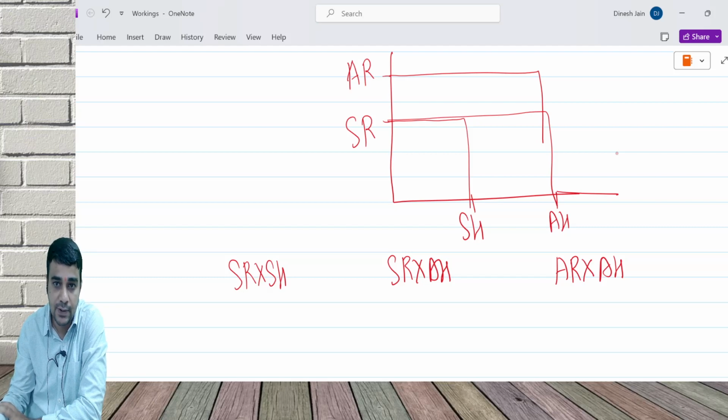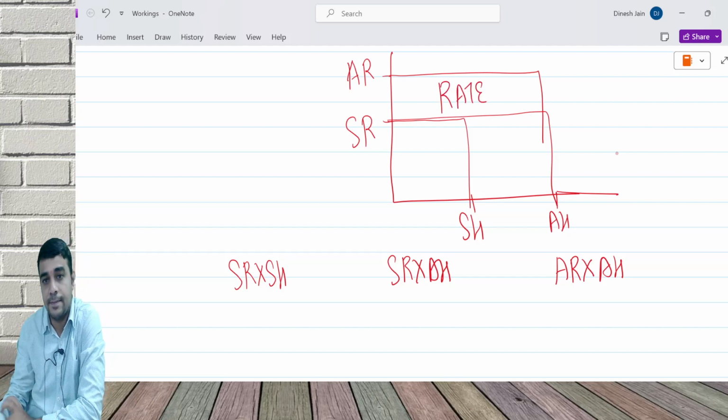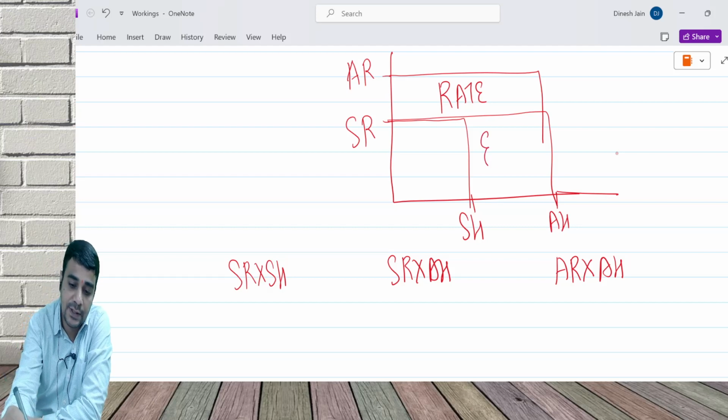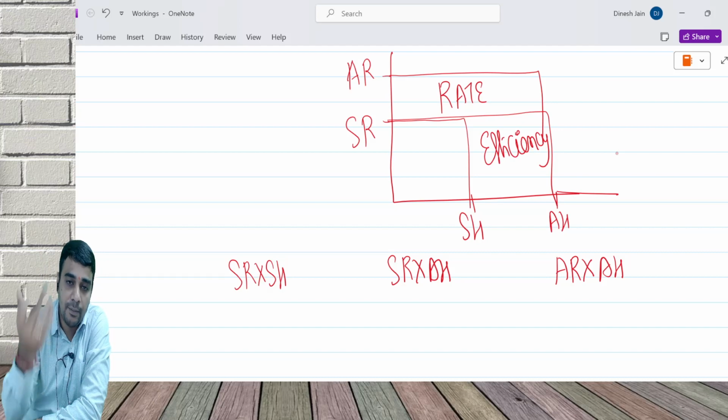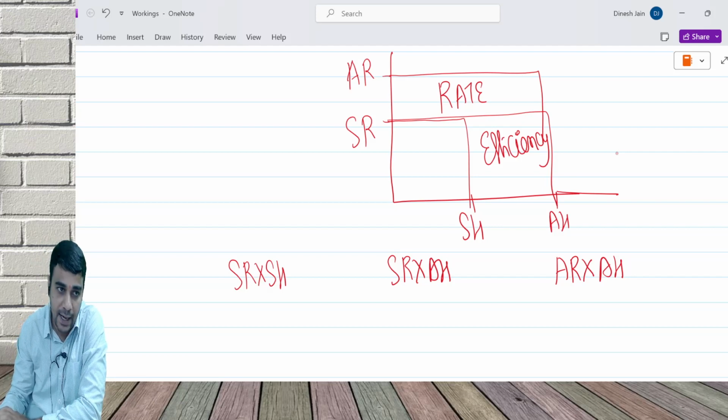SP and AP difference was called price variance. Here it is called rate variance, labor rate variance. SQ and AQ difference was called usage. Here it is called efficiency. In fact, when you did the labor chapter, there was a formula for efficiency, which was standard time by actual time. So efficiency compares standard time and actual time. Put together is the cost variance.